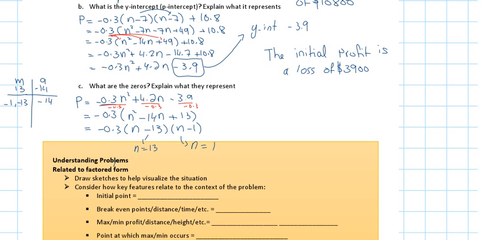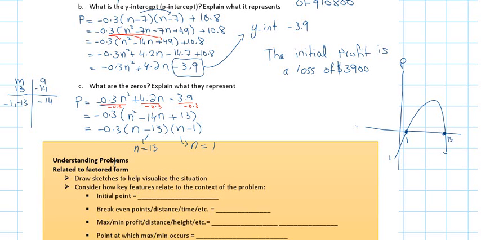What does that mean in this example? So if you're looking at the zeros, right? At 1, I have 0 profit. And at 13, I also have 0 profit. What does that mean in business?